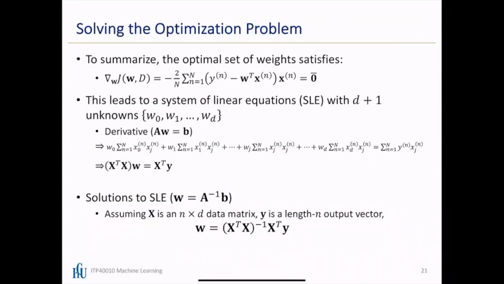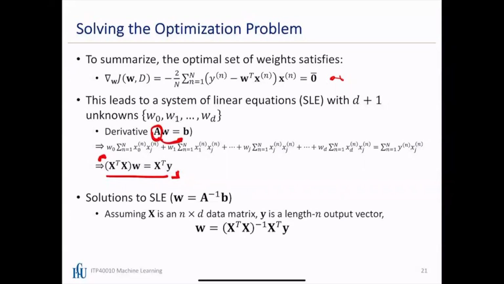We have seen the expanded form of this system of linear equations, and we also have seen that the expanded form can be written as X transpose X multiplied by W equal to X transpose multiplied by Y. The solution to the above system of linear equations is simply taking A to the other side.